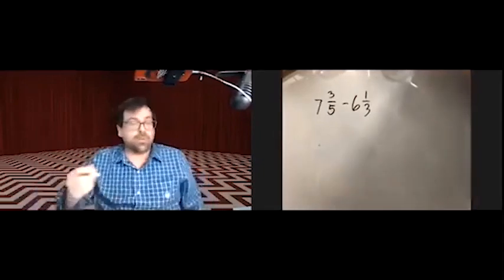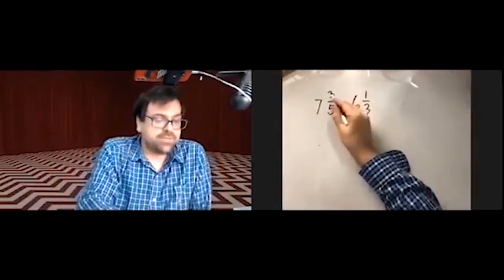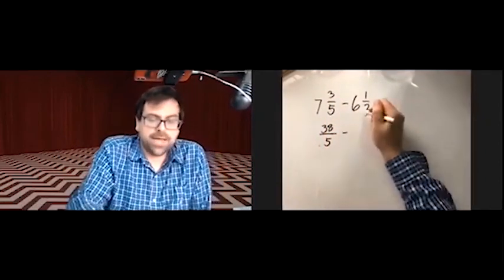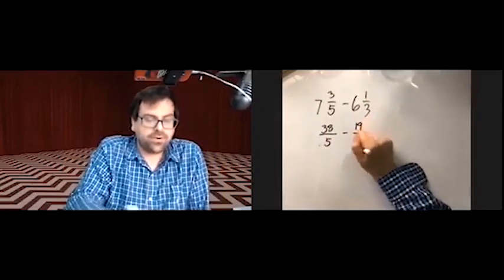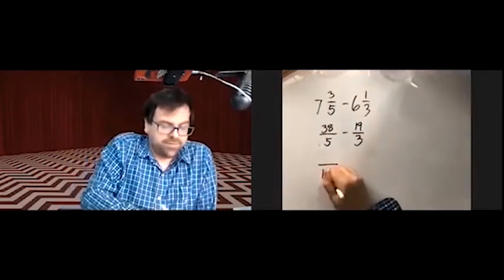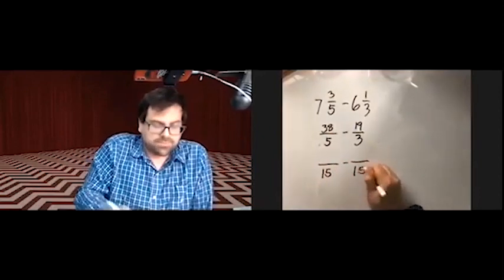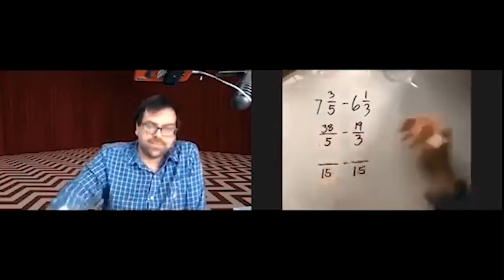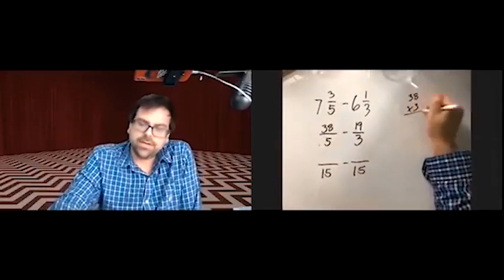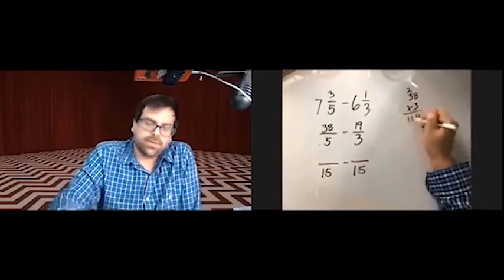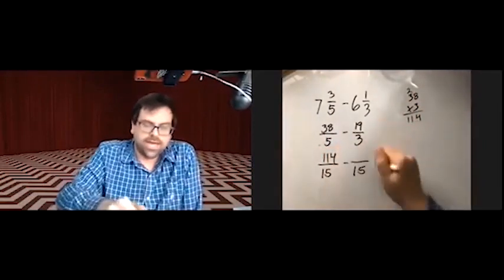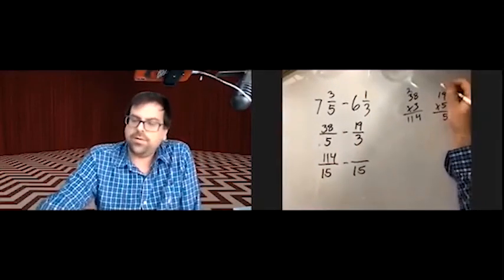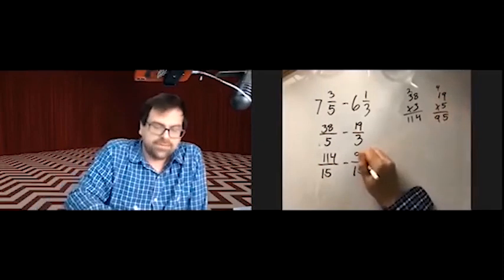If we do improper fractions, 5 times 7 plus 3, 38/5 minus 19/3. These have to be 15ths because that's the least common multiple of 5 and 3. 38 times 3 is 114, 19 times 5 is 95.